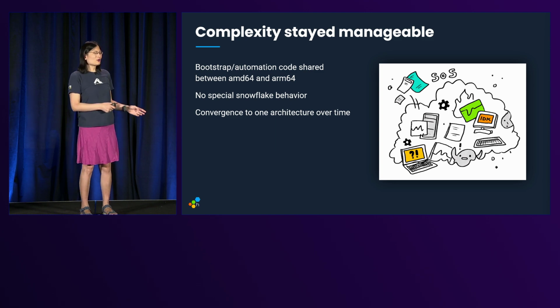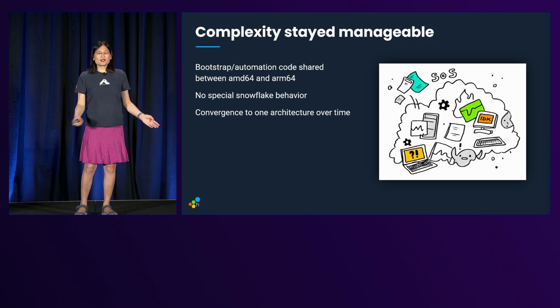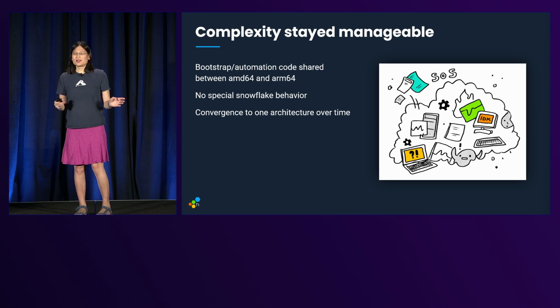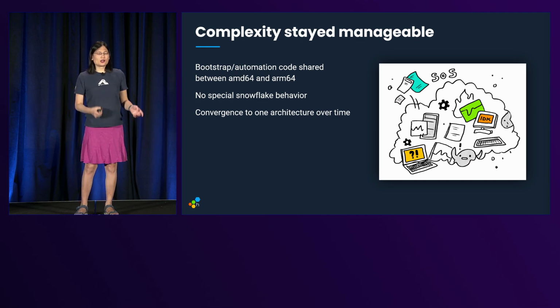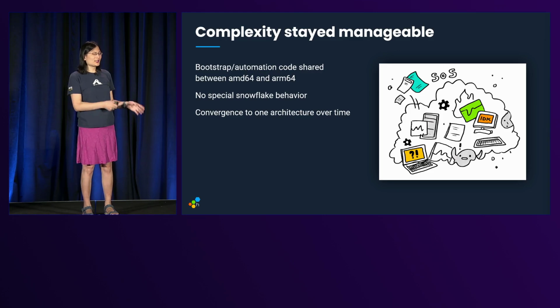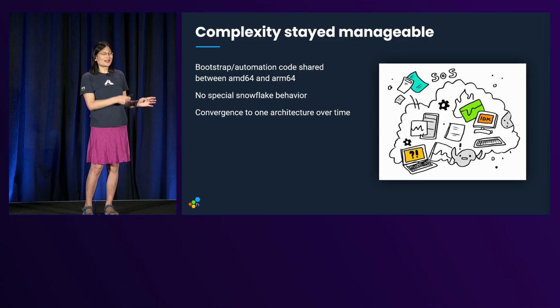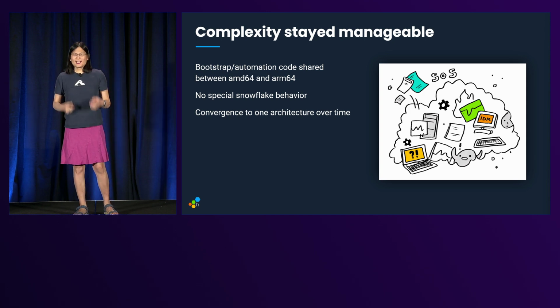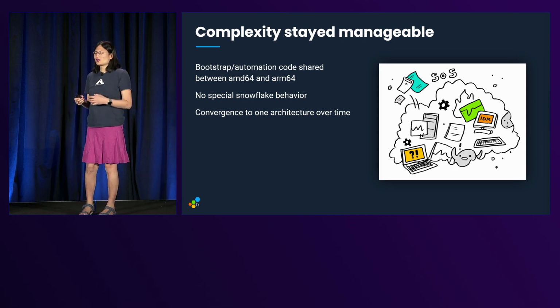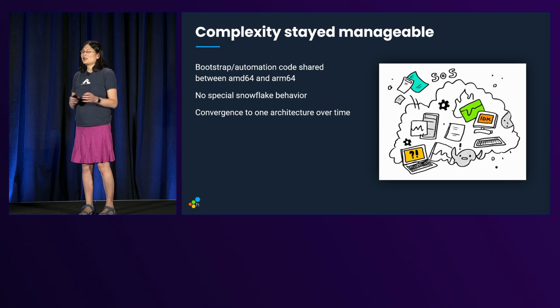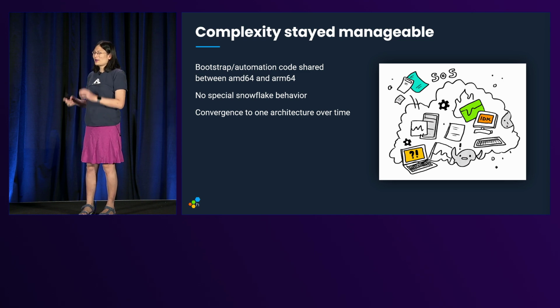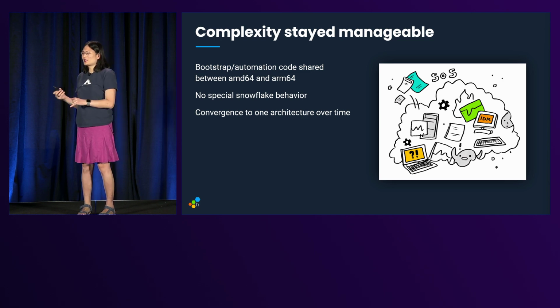So we wanted to know, are we going to converge on one architecture over time, or are we going to stay multi-arch forever? We wanted to make sure that our software developers could have a predictable experience: if the code ran and the tests passed, it would run successfully in production. So we had to think carefully about what our criterion would be for converging on one architecture rather than maintaining two separate architectures over time that might diverge or drift.